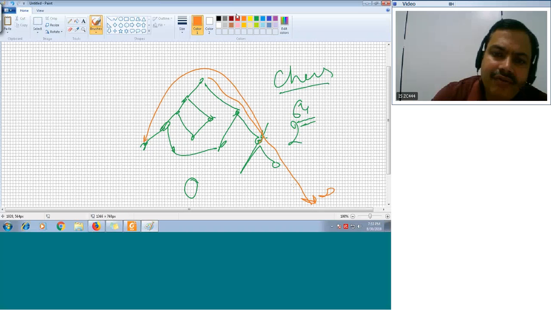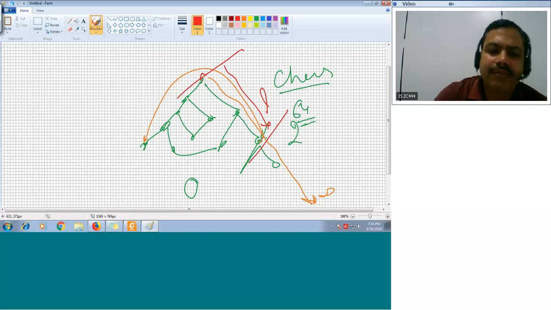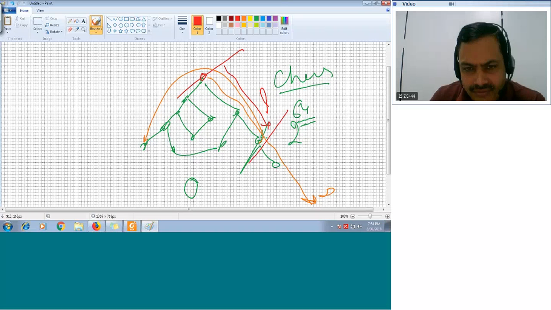So the first solution is that you say my algorithm would not explore more than L length. Whenever it starts from the root node, it would not go beyond L deep.